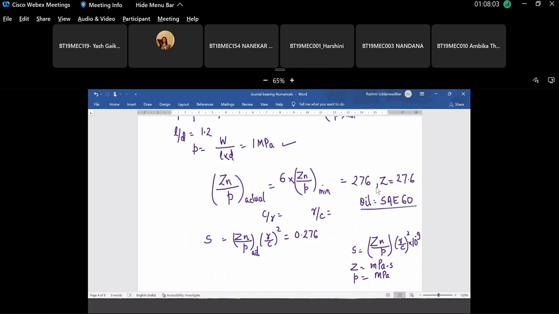So this also gives you a fair idea of the meaning of SAE 60 or SAE 10. The viscosity for SAE 60 is in the range of 30 millipascal second, while a light turbine oil is an oil with very low viscosity, less than 10 millipascal second.